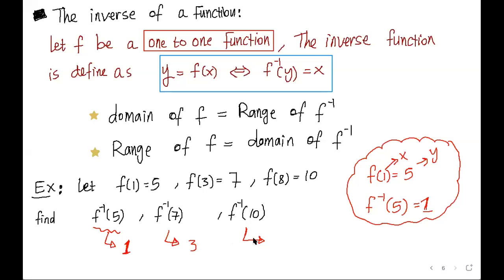Now for this one, what is f inverse of 10? Again, it's going to be 8. Same idea. F inverse of 5 is 1, f inverse of 7 is 3, f inverse of 10 is 8. Okay? Any question so far?